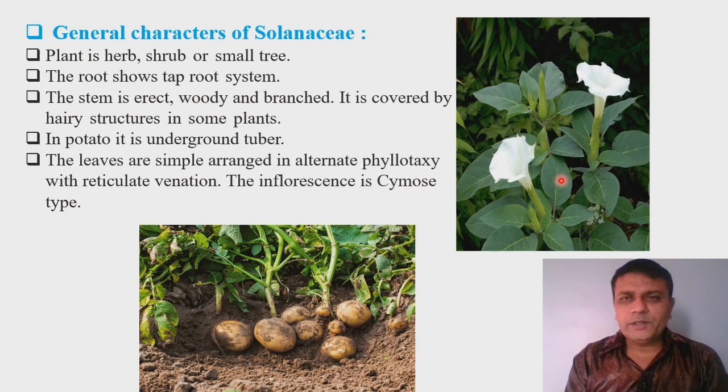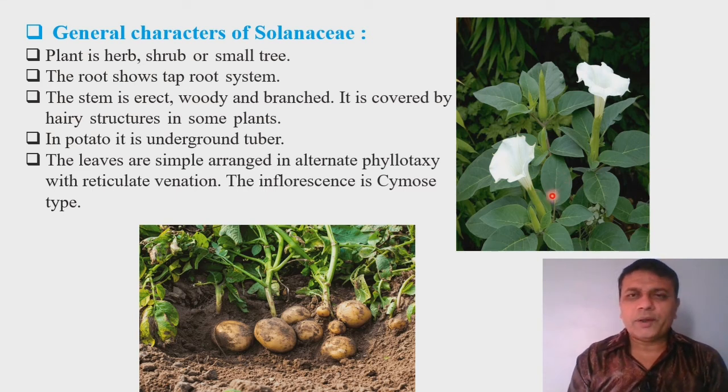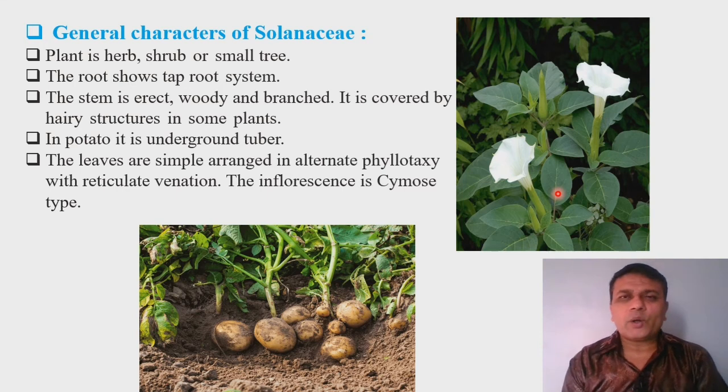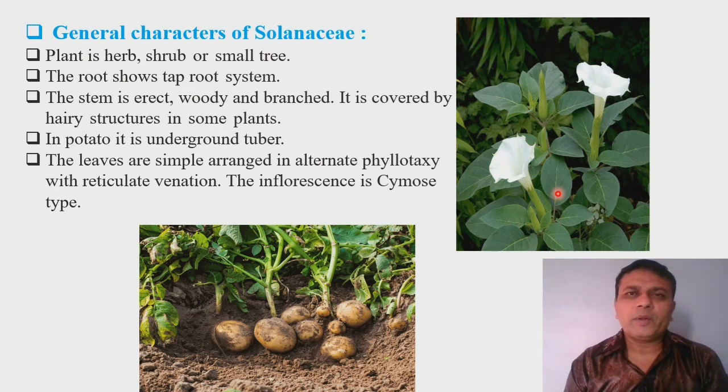Then the leaves show presence of reticulate venation. Now here in this leaf we can see a midrib, and these are the lateral veins. These lateral veins form a network, called a reticulum, or a mesh-like structure, and these veins cross each other.